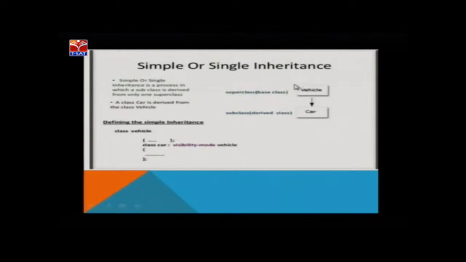Vehicle is the base class, and car is derived from the vehicle. Vehicles means there are a lot of vehicles like car, bus, etc. Car is also one type of vehicle.